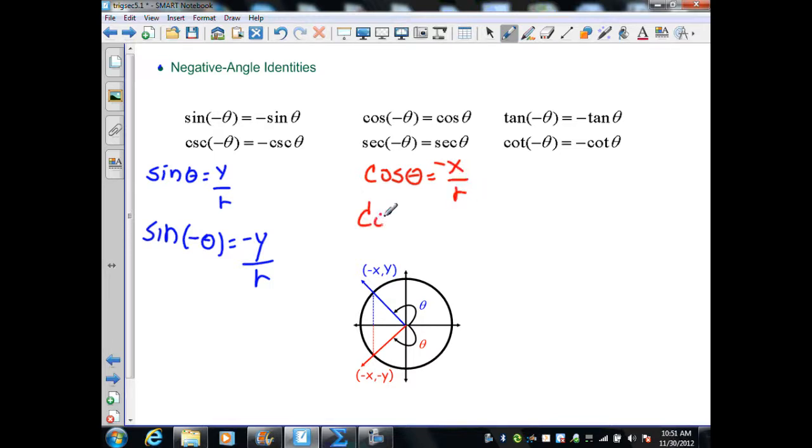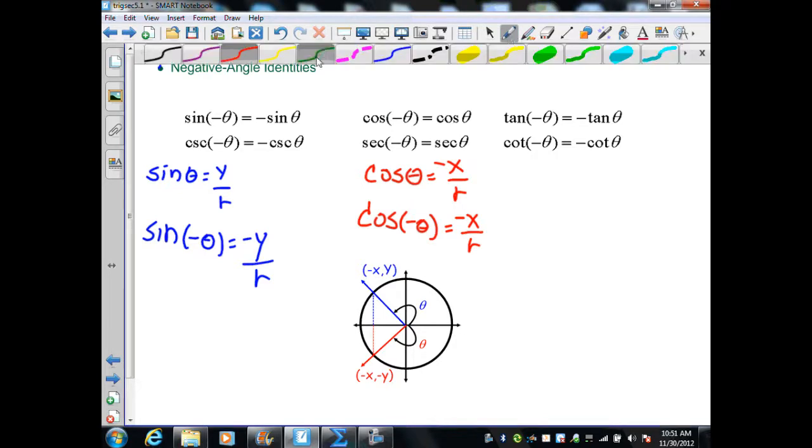Cosine negative theta equals, again, adjacent over hypotenuse, which would again be x over r. So we can see that cosine theta and cosine negative theta are going to be equal. And that's why we generate this negative angle identity.